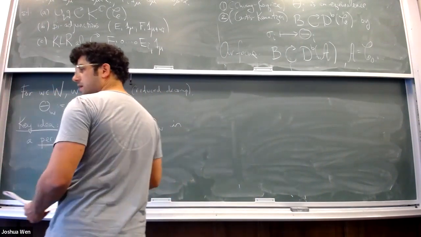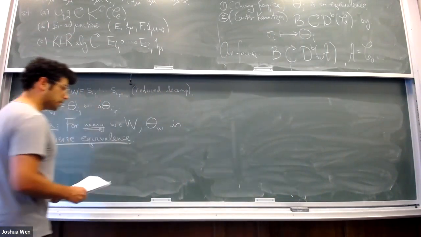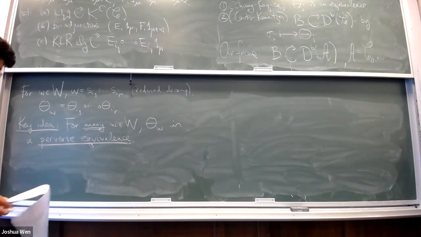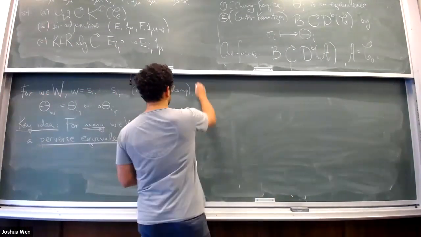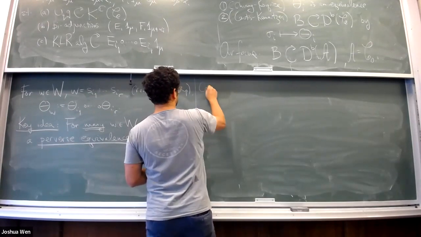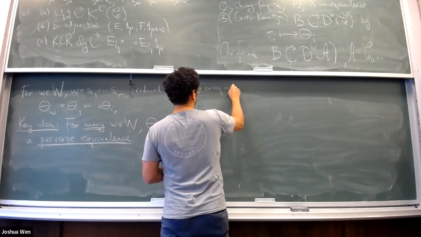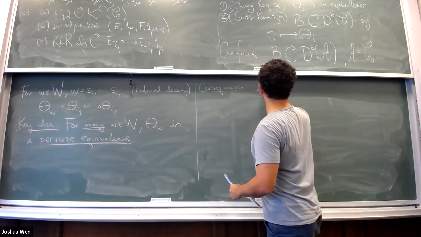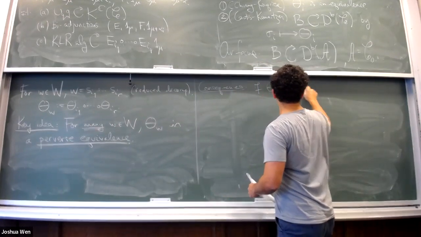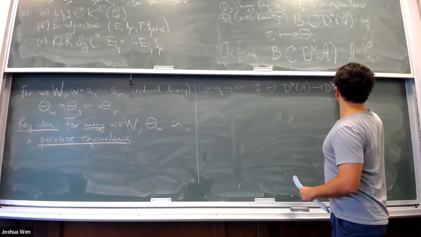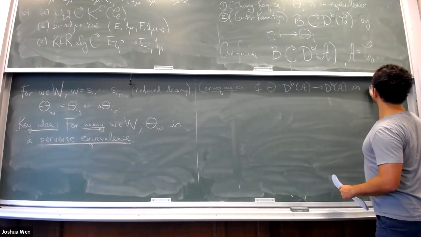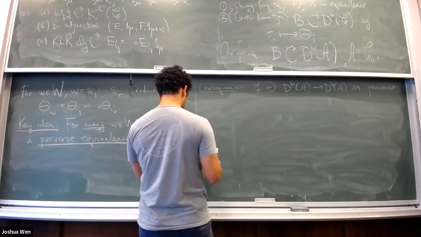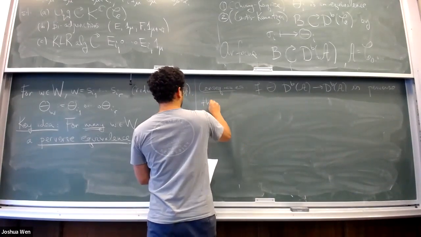But let me just tell you what I'm using from this property. So here are the key consequences. If I have some endofunctor theta, let's say of D^b of A, and this is a perverse equivalence, whatever that means, then the following two things hold.